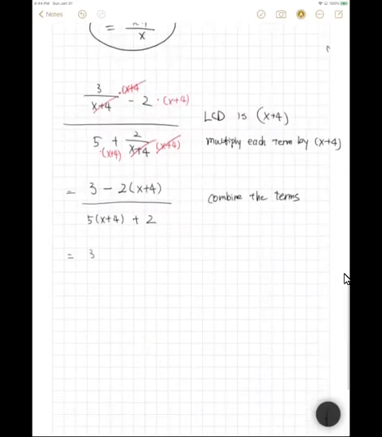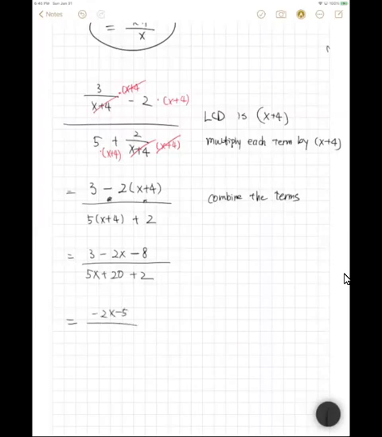So I have 3 minus 2x minus 8, when you subtract a positive number it will become subtraction, over 5x plus 20 plus 2. We simplify it, we have negative 2x minus 5 all over 5x plus 22.